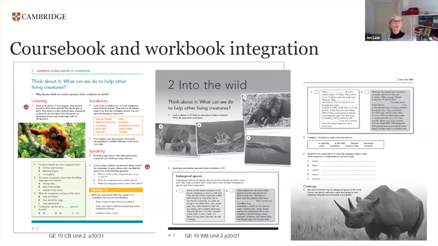It has more opportunities to interact with the language that's presented in the course book, more opportunities to read similar text types, similar genres of text. So the two really work together. And I like to think of the workbook as being the icing on the course book cake. So together they make a really lovely, yummy exposure to lots of aspects of language learning.